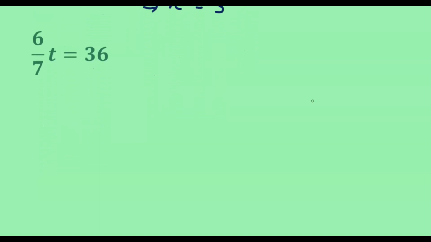Consider the next problem. Here we have 6 over 7 times t is equal to 36. Along with the variable t, we have a fraction multiplied with it. And how do we eliminate that fraction? All we need to do is multiply both sides of the equation by the reciprocal of that fraction. What is the reciprocal of 6 over 7? That will be 7 over 6. So we end up with 7 over 6 times 6 over 7 t is equal to 7 over 6 times 36.